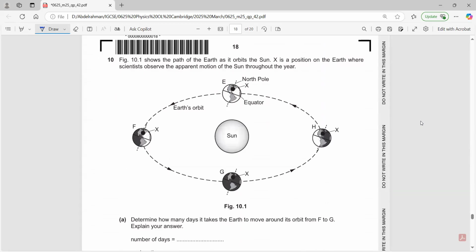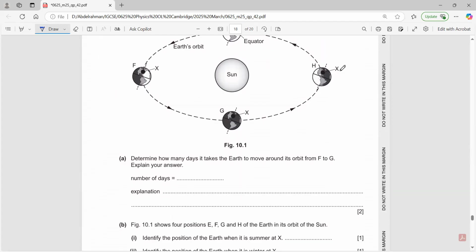Okay, figure 10.1 shows the path of Earth as it orbits the Sun. X is a position for the Earth where the scientists observe the apparent motion of the Sun throughout the year. Determine how many days it takes for Earth to move from F to G. It's moving this direction.